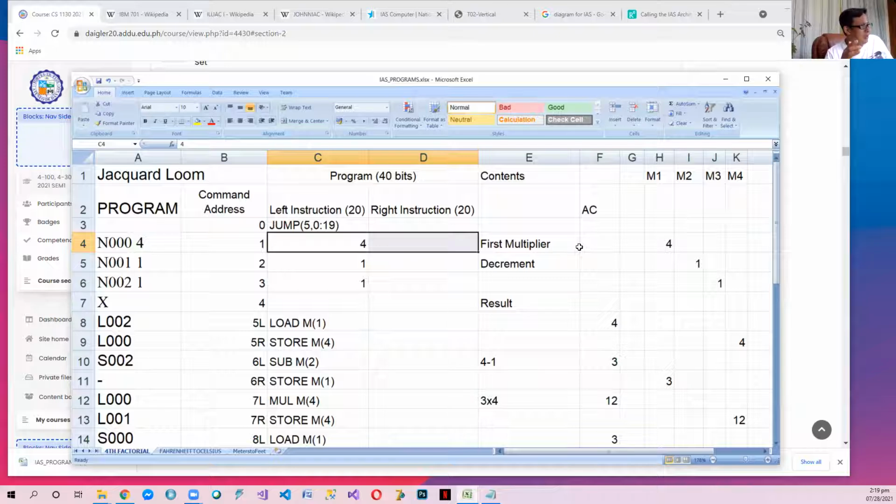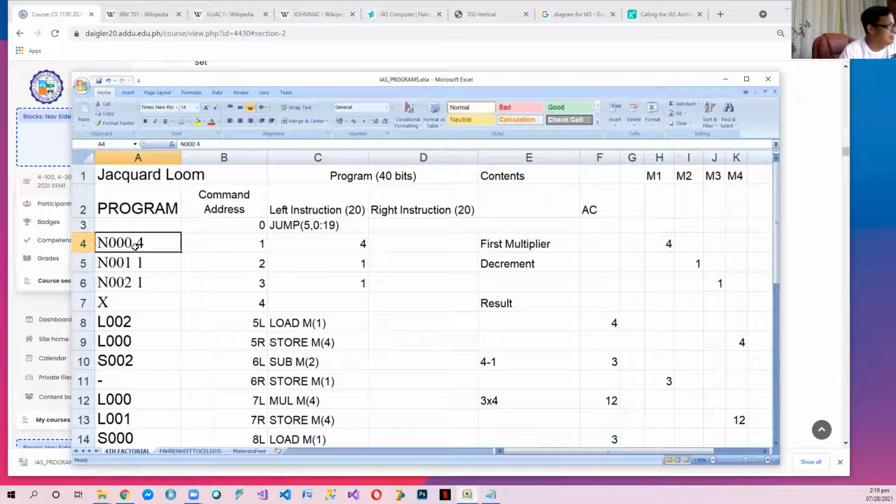C will have a value of 5. Unlike in the analytical engine, you say N0004, which means we assign a value of 4 to memory 0. When you say N0011, there's an assignment statement in the analytical engine.